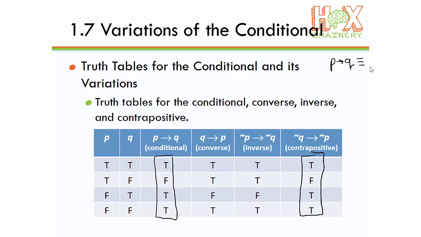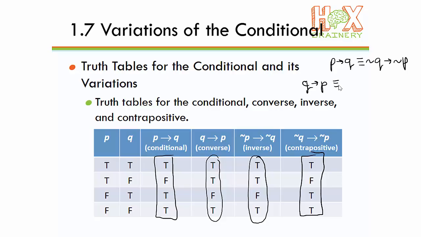So we can say if P then Q is logically equivalent to if not Q, then not P. And then look at the truth values for the converse and the inverse. They are the same. So those two statements are logically equivalent. So if Q, then P is logically equivalent to if not P, then not Q. So our truth values for the previous example should make sense now that we're looking at this.